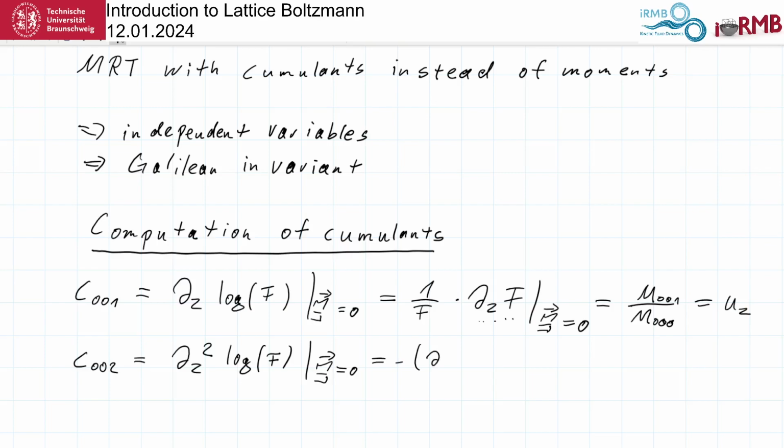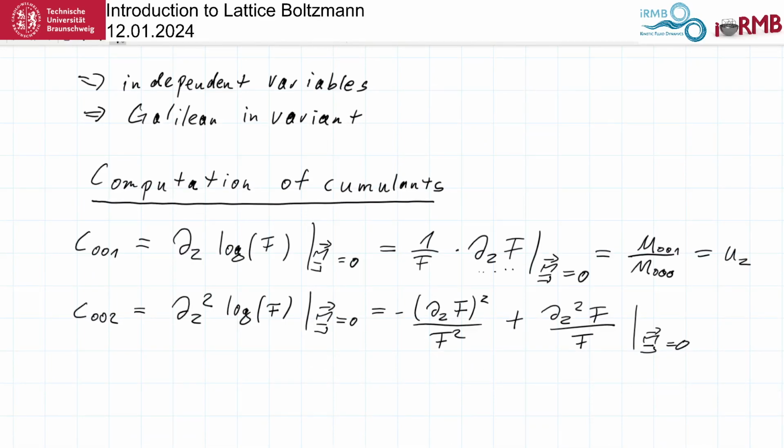What we obtain is minus the derivative of f squared, so we have to apply the chain rule twice here, and then we are left with the second derivative of f, again divided by f. By the way, if you find this difficult, you can use a computer algebra system, Maple or Mathematica, to do these derivatives for you, the chain rule of the logarithm here.